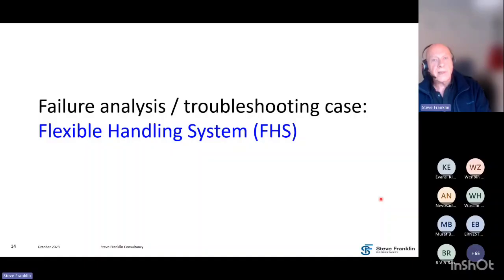This was something that failed in the field and needed to be analyzed, and a solution needed to be found for the field situation. But I'll handle it as if you're trying to design something from the start. I'll explain a bit more in a minute.